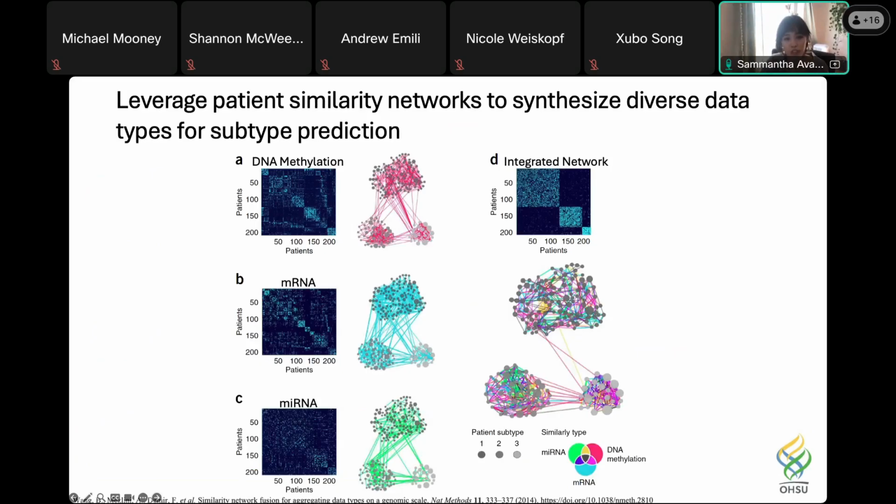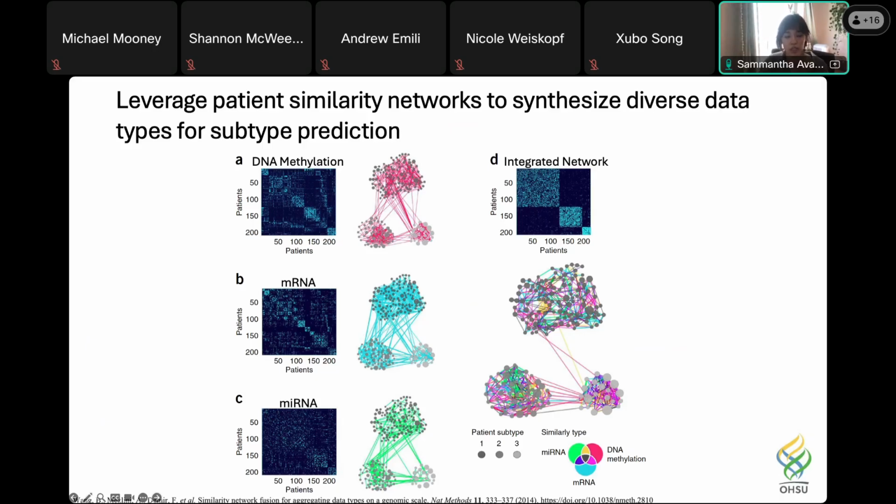And so patients who share similar clinical outcomes, as well as patients within the same subtype, often share similar clinical, molecular, and morphological profiles. And so we can represent these similarities as patient similarity networks, where if you look at our image, we can see that nodes represent patients and the edges between them represent their pairwise similarity.